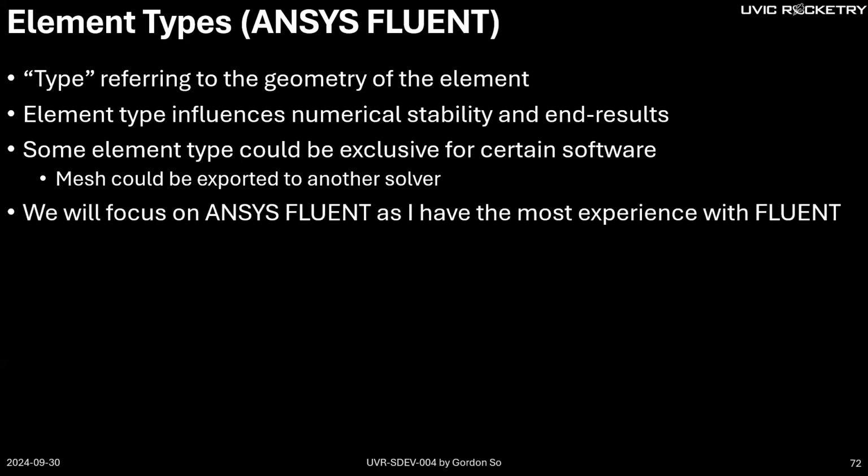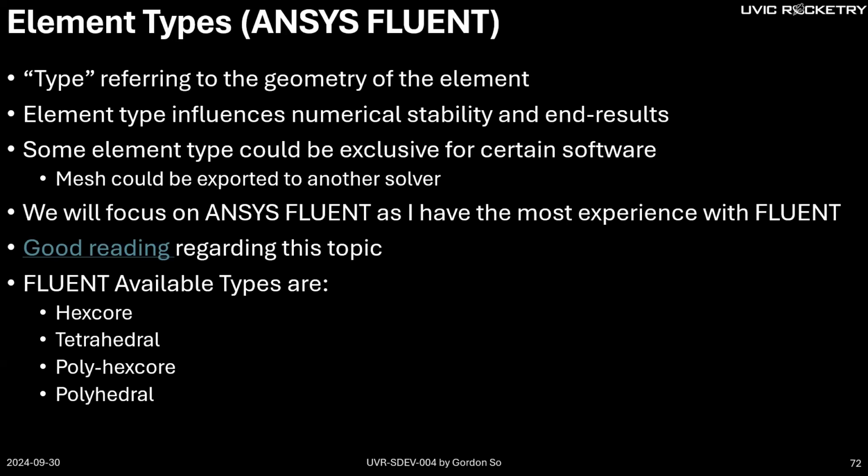We focus on ANSYS because that's the software I have the most experience with. Again, there are way more kinds of mesh and meshing software that you can use. Keep reading, and you can click on it when I send the slides. In Fluent, there are four element types: hexcore, tetrahedral, polyhexcore, and polyhedral. We'll go over each one of them.